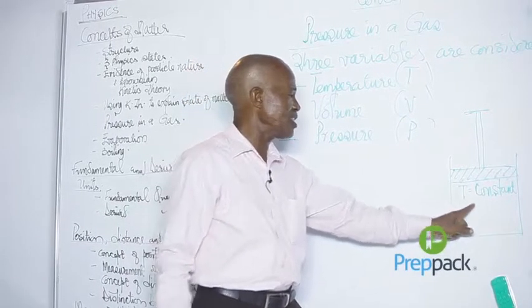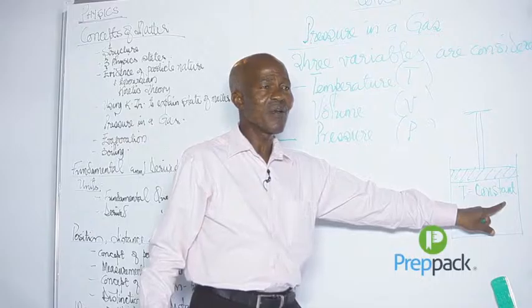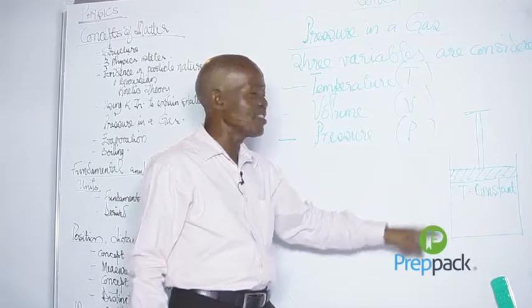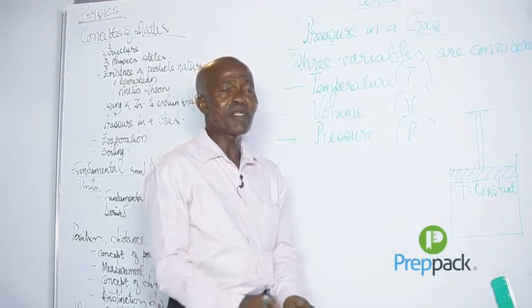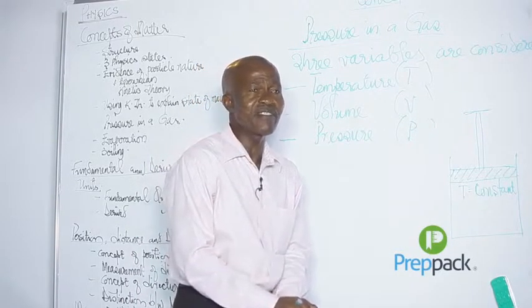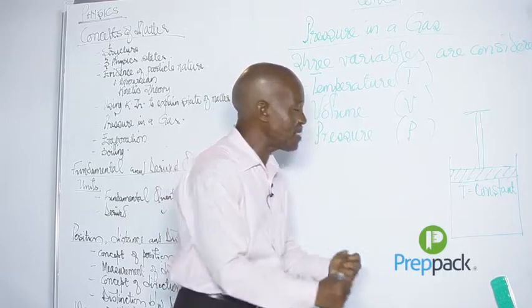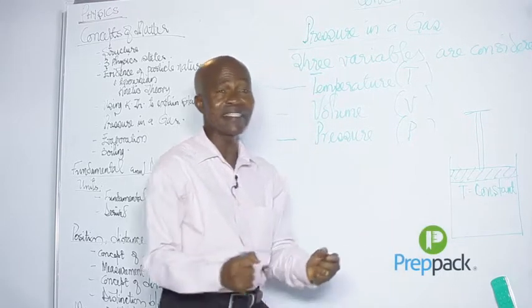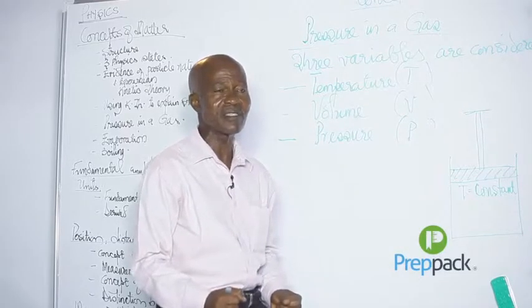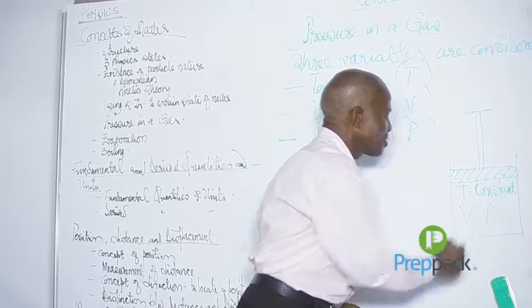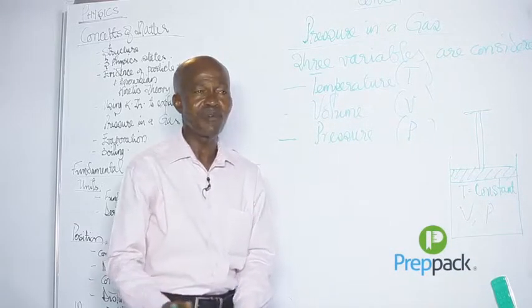With the aid of the plunger, we push the piston down. The pushing must be gently done so that because of the collision of the particles of the gas, the temperature will not change. So the volume and the pressure now become our variables.